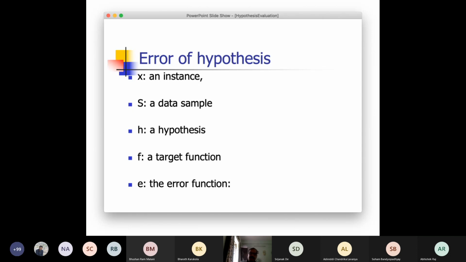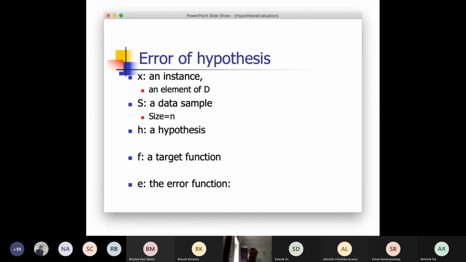Let us consider that you represent an instance by X. That means it is a training example, an element of the training data set. We have used this notation consistently, with ordinary D and the curly D for distribution.